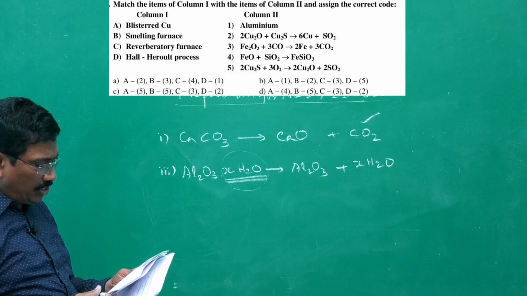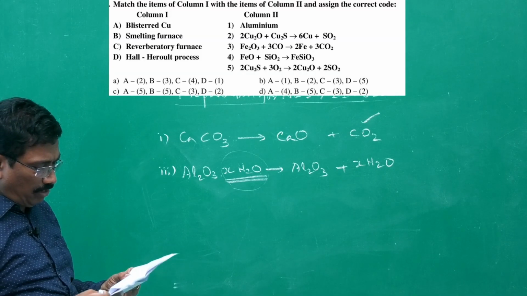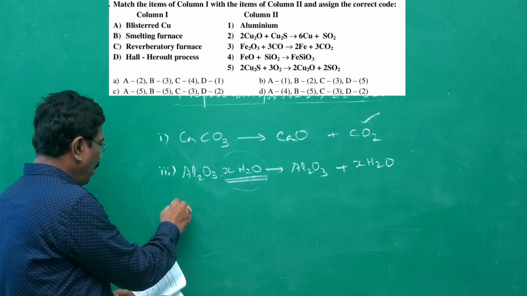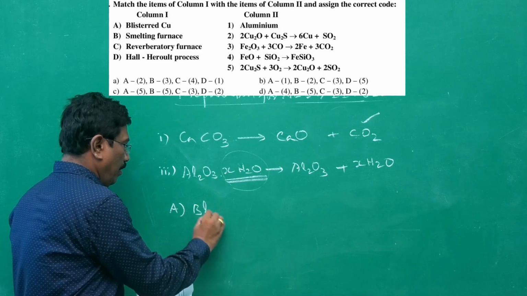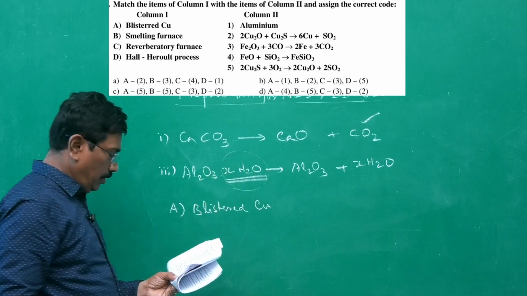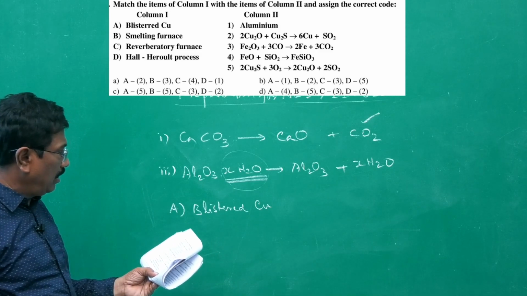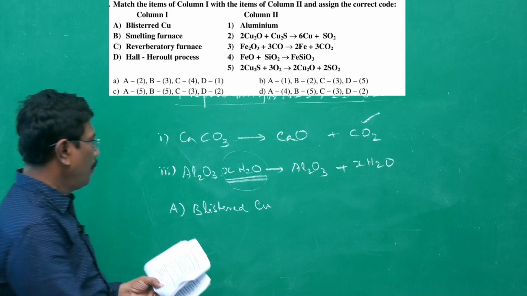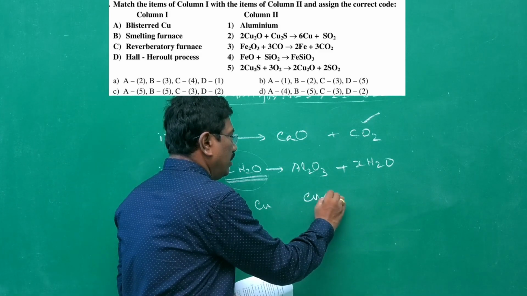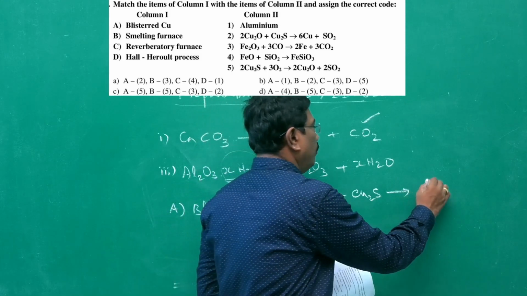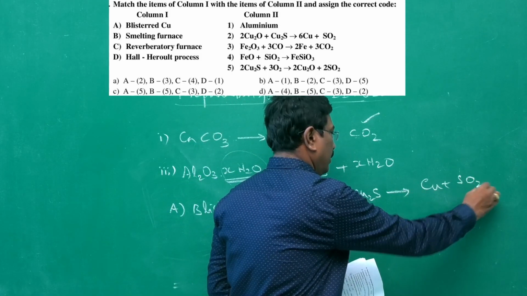And then match items of column 1 with the items of column 2 and assign the correct code. A, blistered copper. Blistered copper, we have seen three questions earlier. Cuprous oxide plus cuprous sulfide react among themselves to give blistered copper and sulfur dioxide.